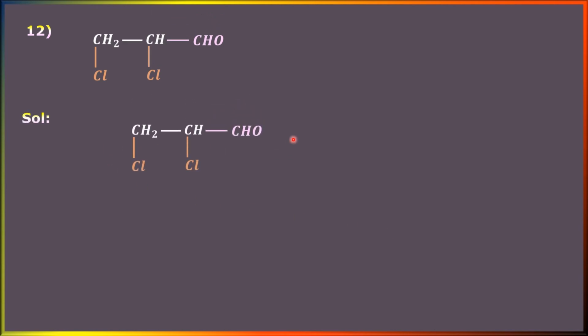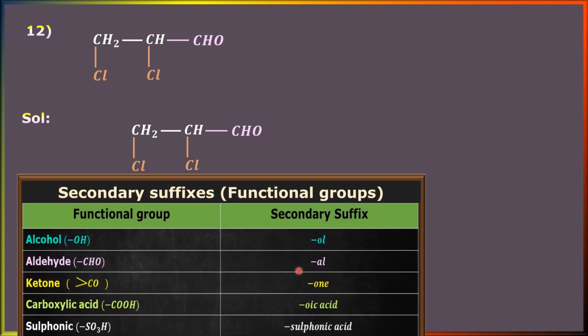Next, problem number 12. See here, this is an organic compound containing the CHO functional group, one of the chain terminating functional groups. When a compound contains a chain terminating functional group, the carbon atom in it must be included in the parent chain and it must be assigned number 1 while numbering the parent chain.